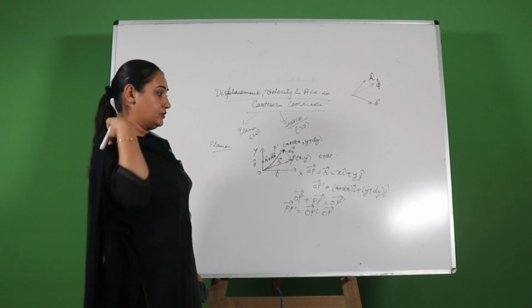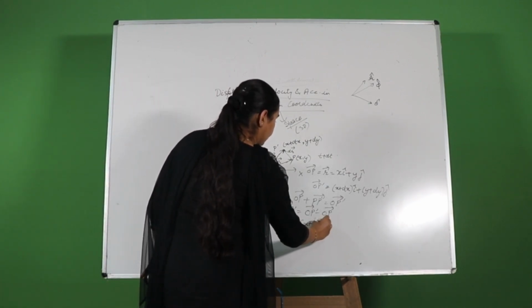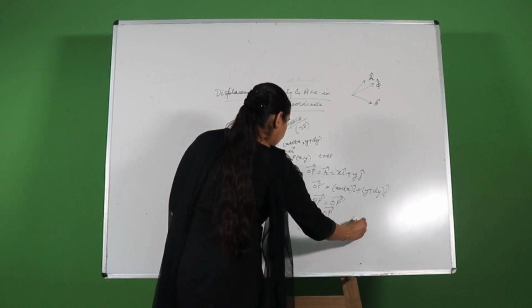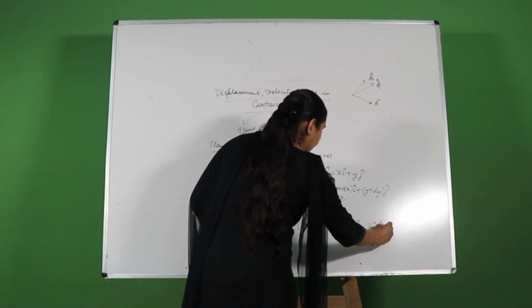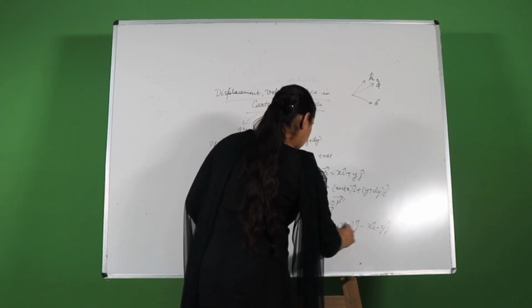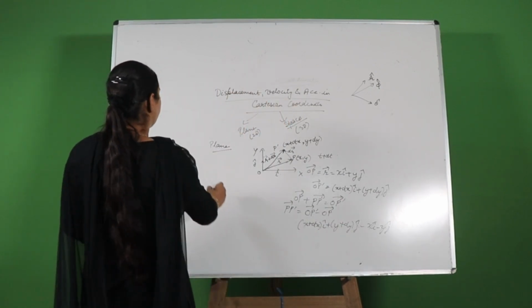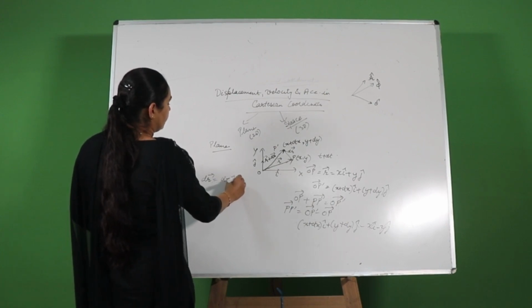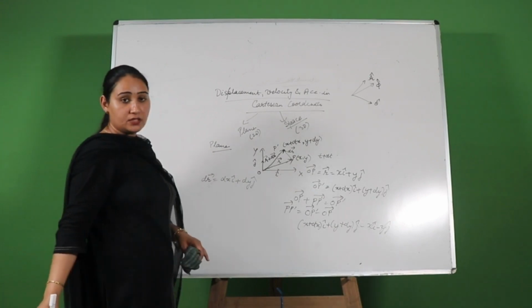I can fill in the values: (x plus dx) i cap plus (y plus dy) j cap minus x i cap minus y j cap. So x and y get cancelled, and you are left with dr equal to dx i cap plus dy j cap.